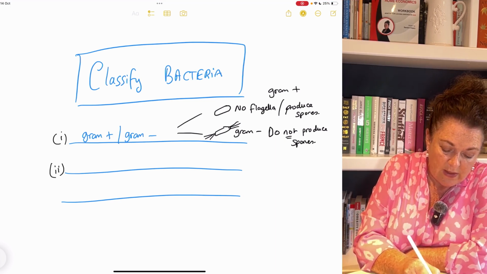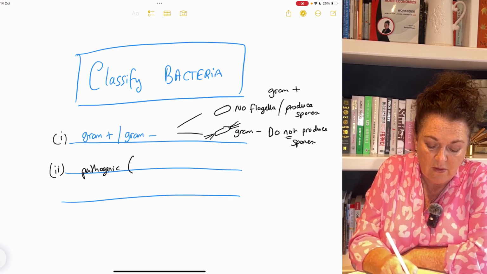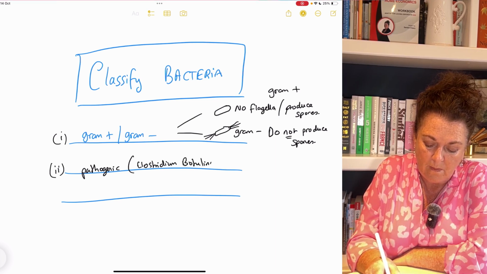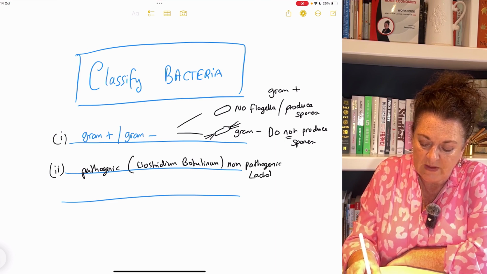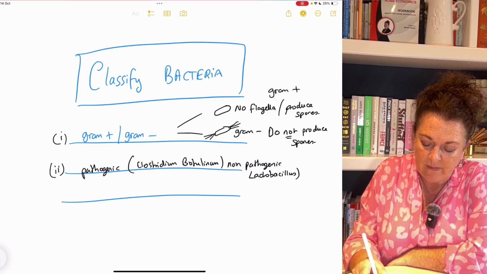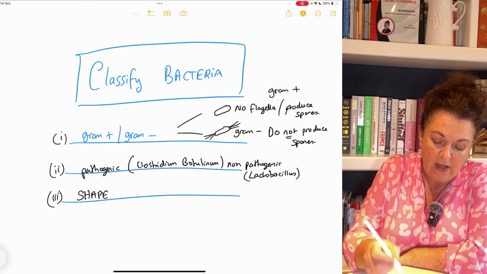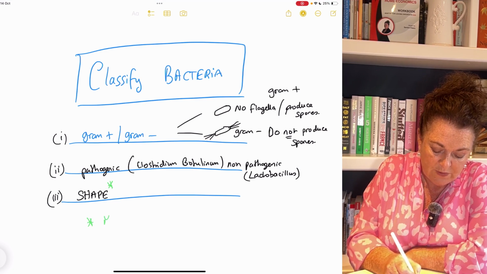Then our second way, you could say pathogenic, disease causing. So you could talk about Clostridium botulinum. Or non-pathogenic, like lactobacillus bacteria. And then thirdly, you might write shape. And then I would put a little asterisk, and I would have most common.